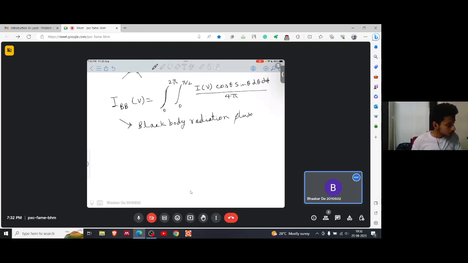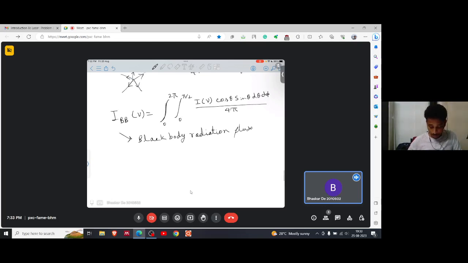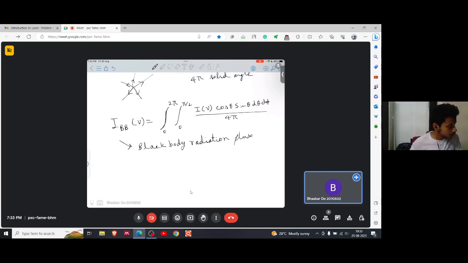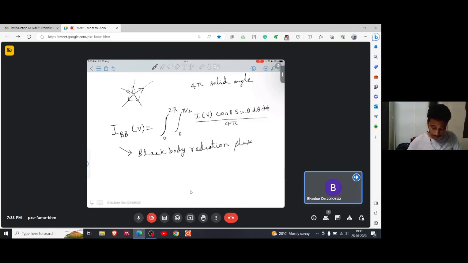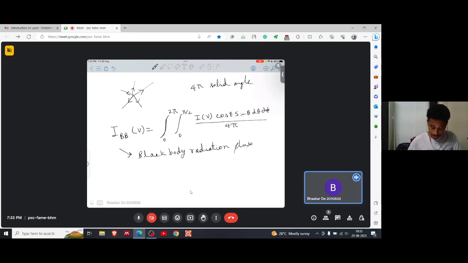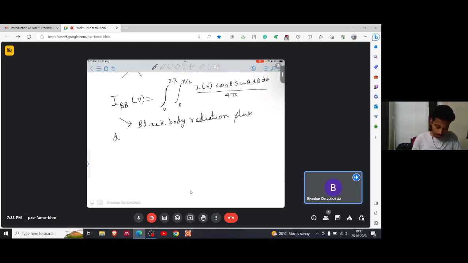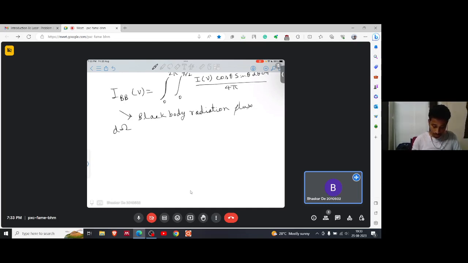Okay, so this flux is actually obtained by integrating the radiation flux in a direction d omega, so that radiation flux in this direction is I d omega by 4 pi.